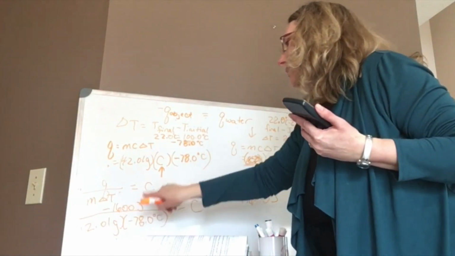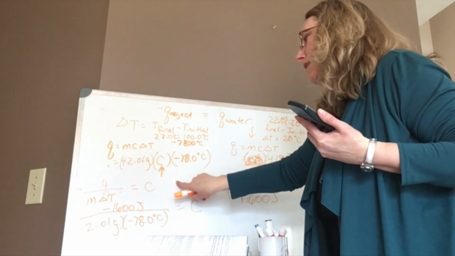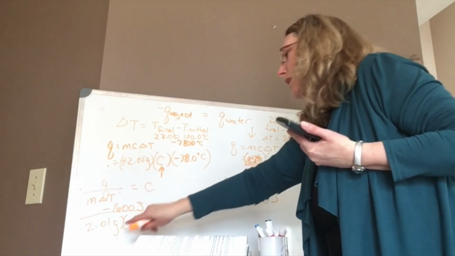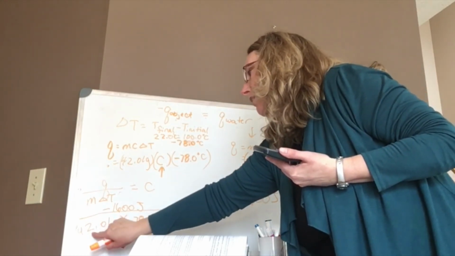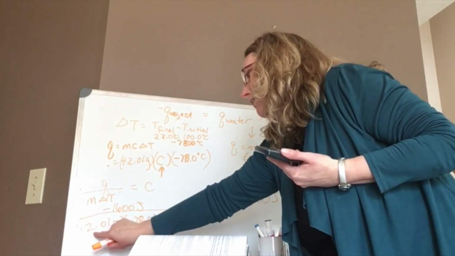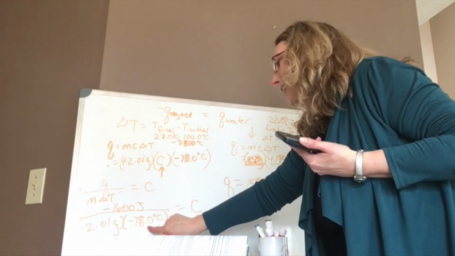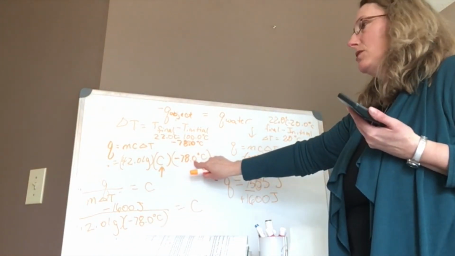And so I just rearranged my Q equals MC delta T to solve for my C. So I divide that by how many grams my mass was of the rock, times negative 78, because that's the change in temperature.